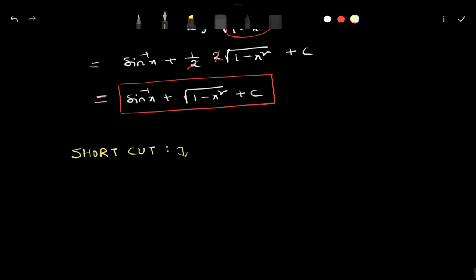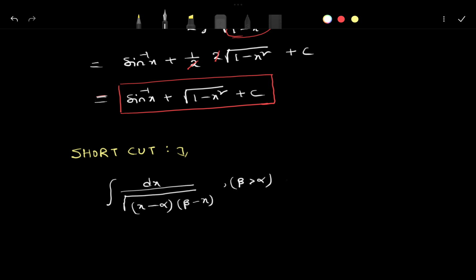See what this shortcut formula is. Integration of dx whole divided by root of x minus alpha into beta minus x. Here in this one, beta is greater than alpha.